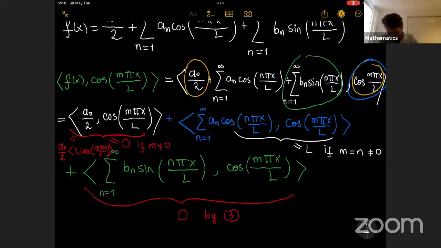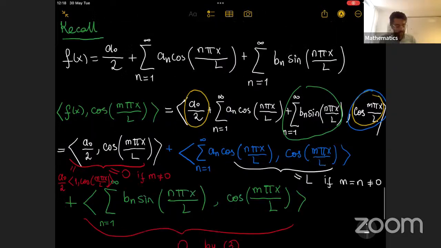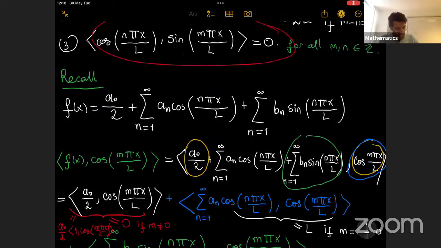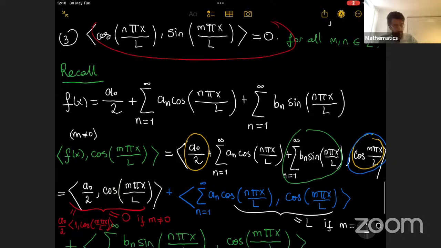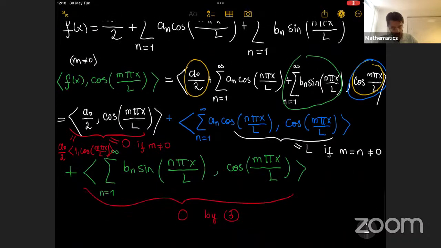So we assume that at the beginning, first we assume that m is not 0. If m is not 0 and m and n are non-zero, it's equal to L in the case of m equal to n.